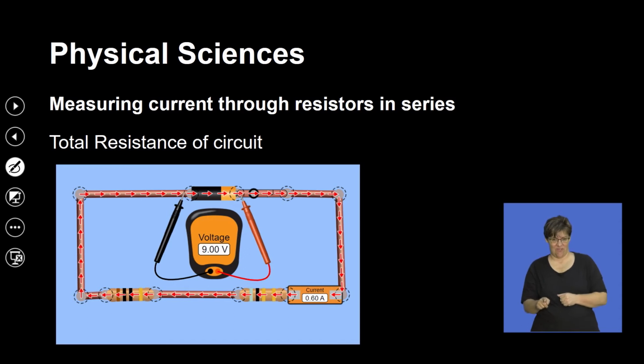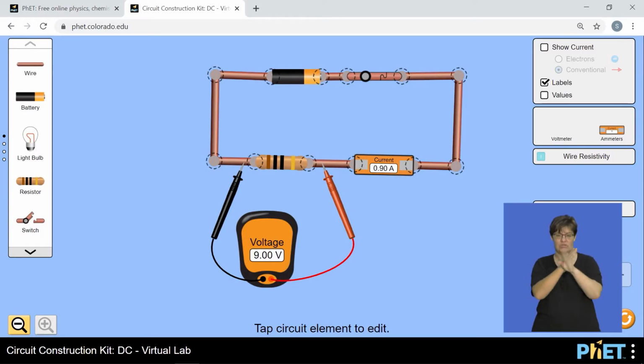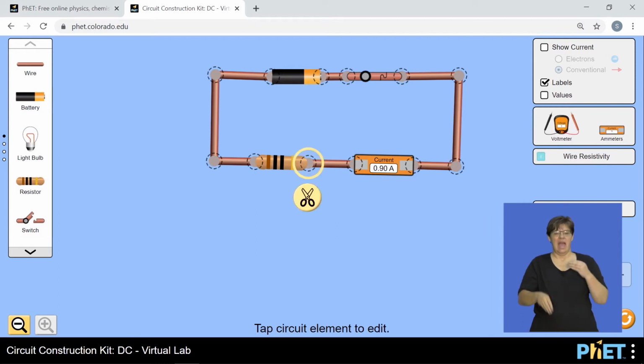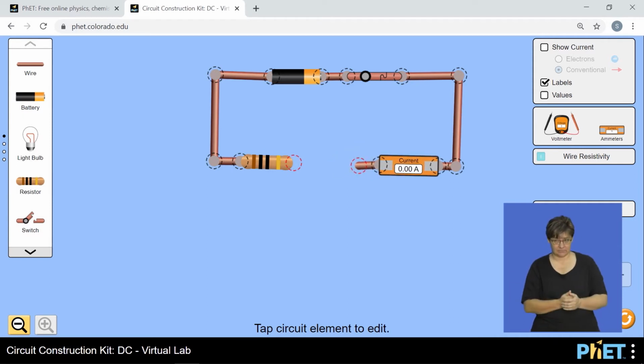Whether it's identical or not, it doesn't matter. Now, let's go to the simulation and try to explore that as well. So that's our circuit. Let's add another resistor to this circuit and see exactly what happens when we add more resistors in series, okay?